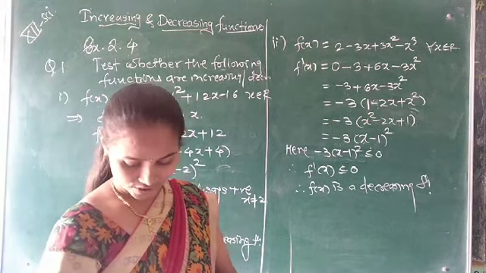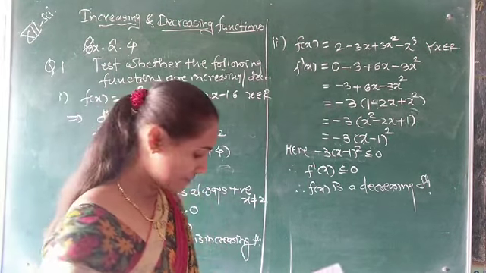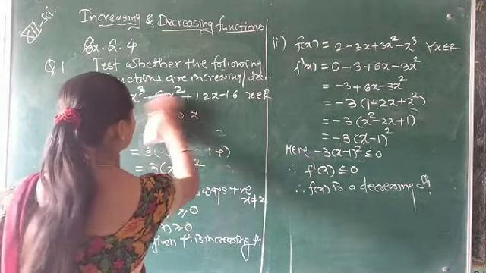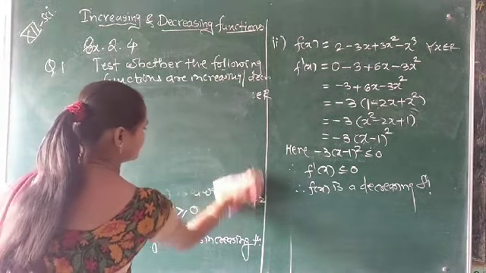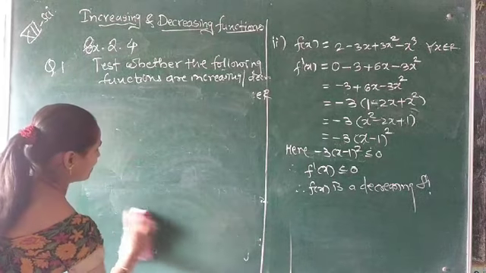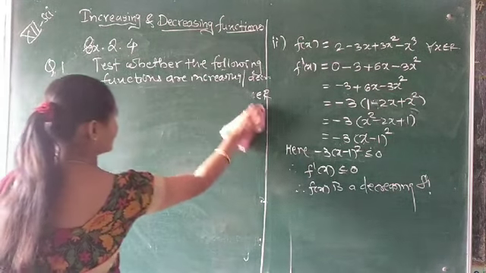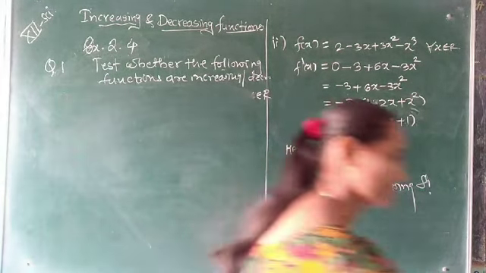Now see the next question. f of x is equal to x minus 1 upon x.